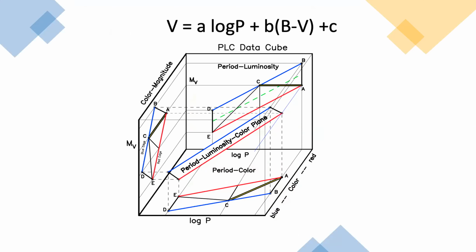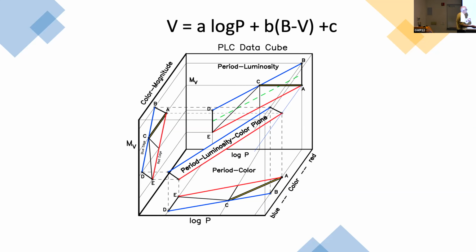This is a data cube for variable stars. That's the preferred target, the equation at the top, which is a version of the Stefan-Boltzmann equation, where we've replaced the radius with the period of the star. It is a period-luminosity relation plane fitting in a three-dimensional volume.